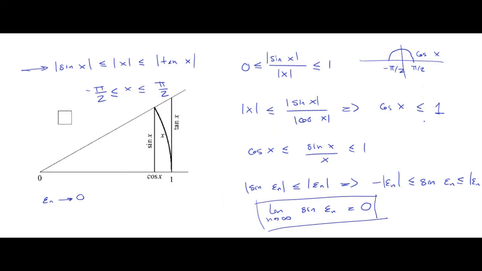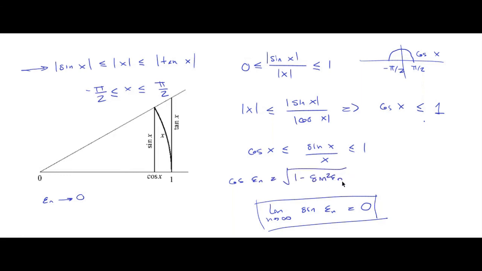But bear with me. Now the cosine of epsilon sub n is the square root of 1 minus the sine squared of epsilon sub n, right? Now the limit of this is 0, so the limit of the cosine is 1, right?